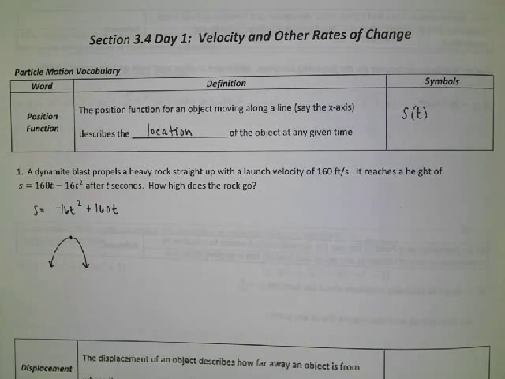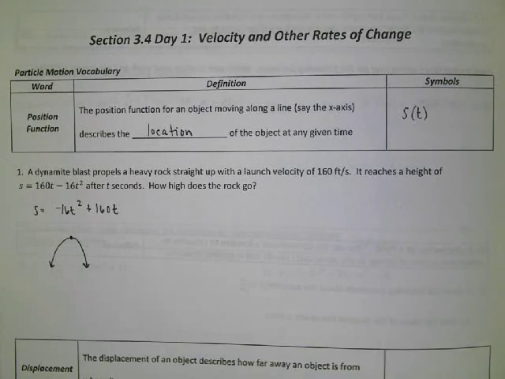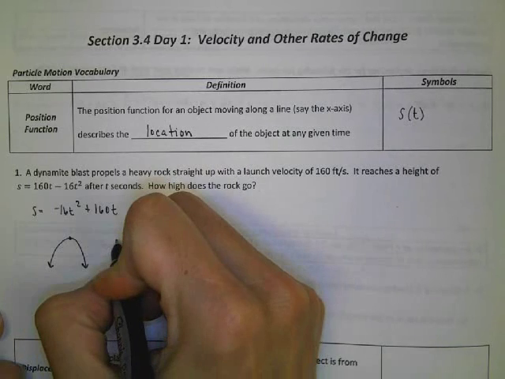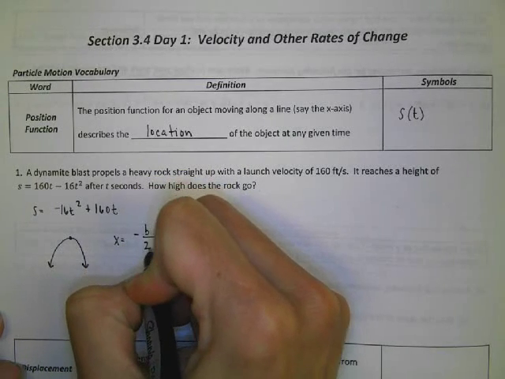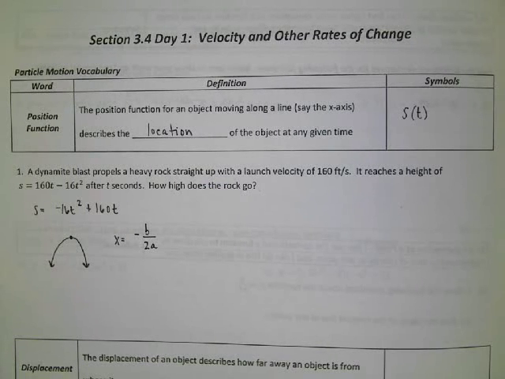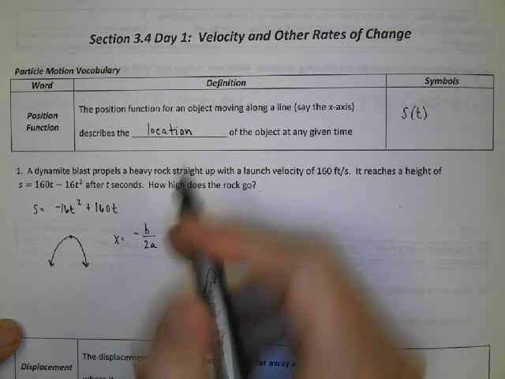So if I want to know how high that rock goes, I want to know at what time it reaches that maximum height. And so I know from pre-calc I can find that. That's going to be our vertex point, and I can find that x-coordinate using our formula opposite of b over 2a. And so in our case, b is going to be our 160.